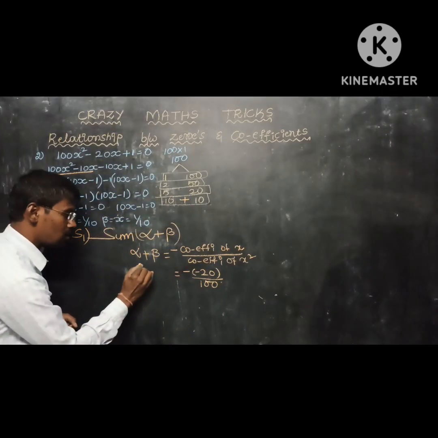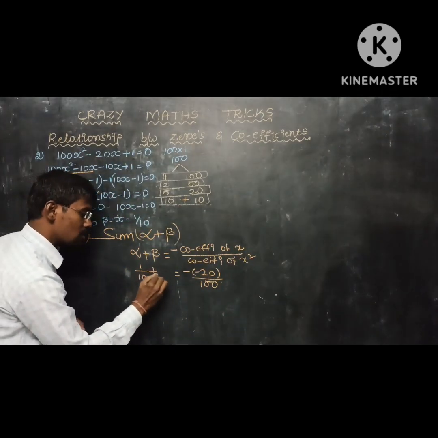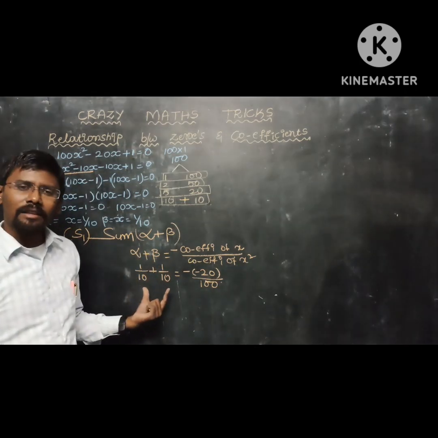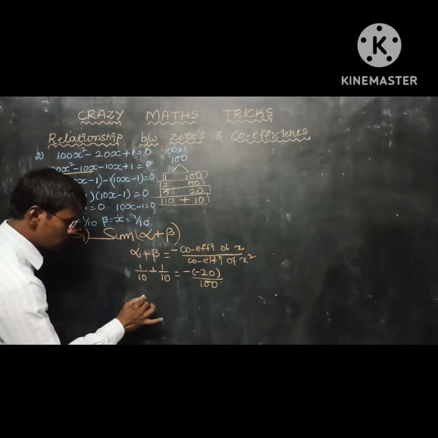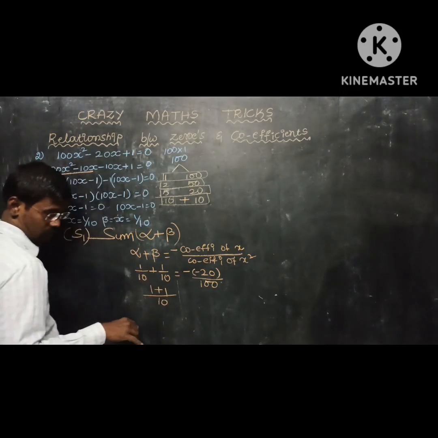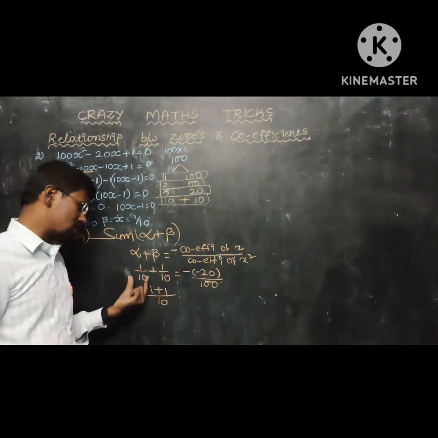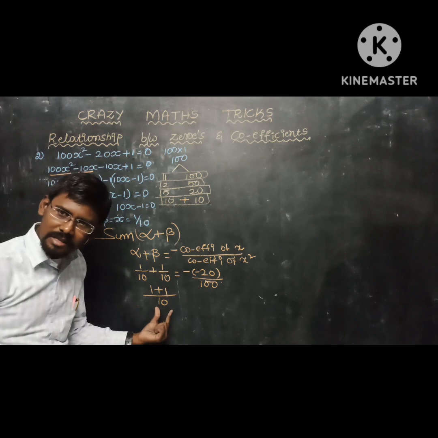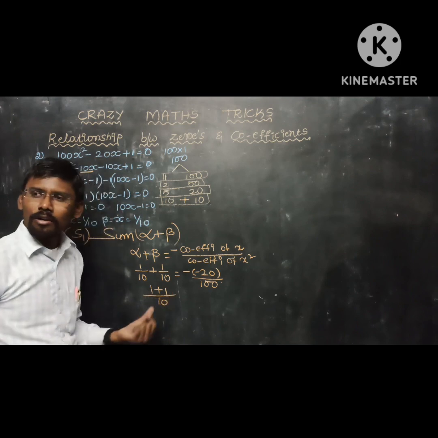Alpha plus beta, 1 by 10 plus 1 by 10. How to add those like terms? We have to take LCM as 10 and numerator 1 plus 1. If there are like fractions or like rational numbers, we have to write the denominator only once and directly add the numerators.